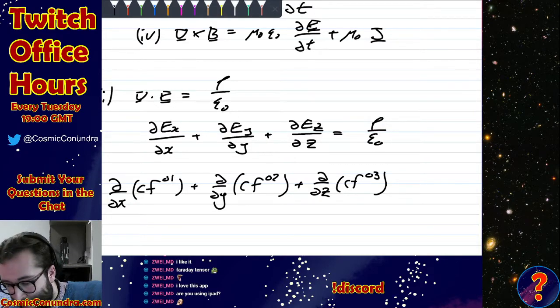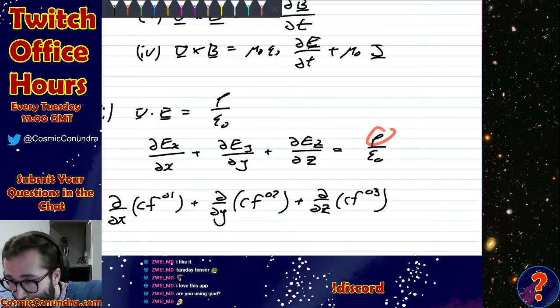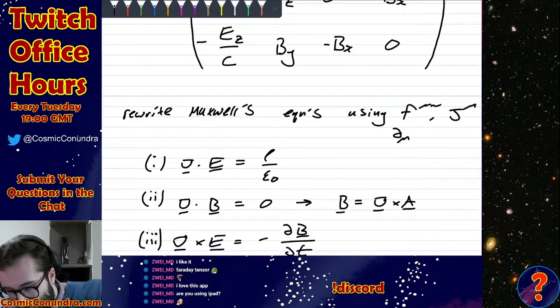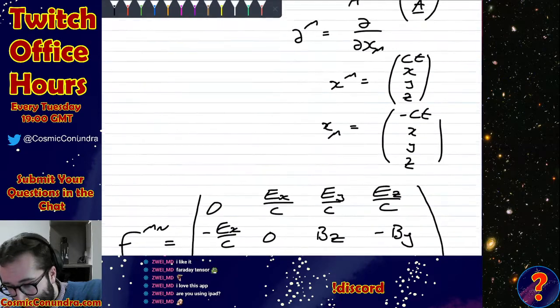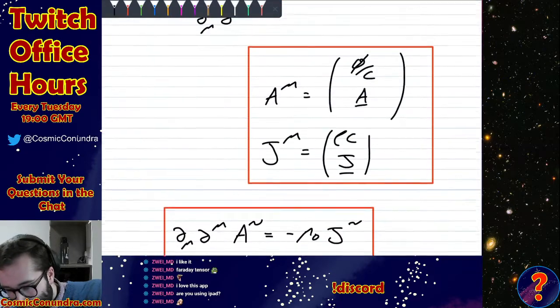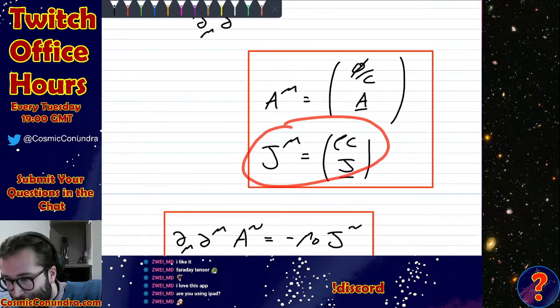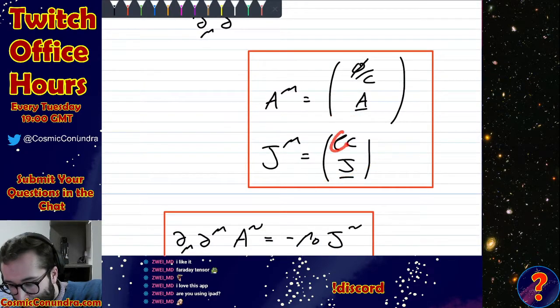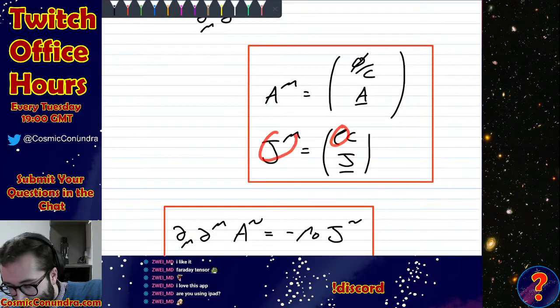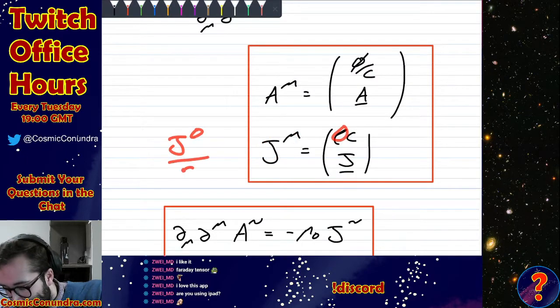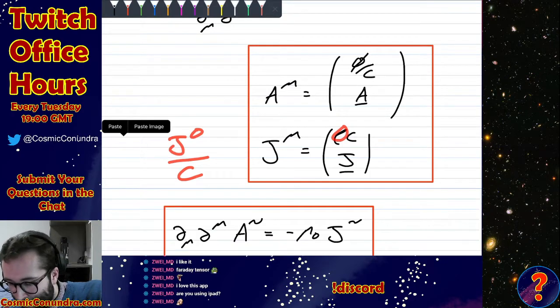And then the right-hand side, that includes the scalar, the charge density. I want to rewrite this in terms of a covariant quantity. So the covariant quantity will be J, or rather a particular component of J. Remember, J is defined in this way. So if I want to rewrite rho in terms of J, I will say that rho is equal to J0 over c.